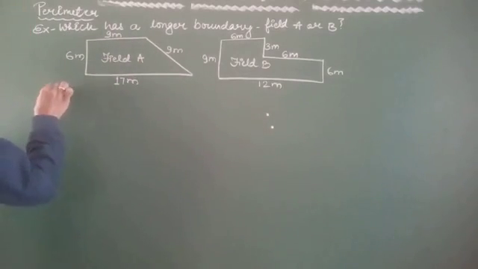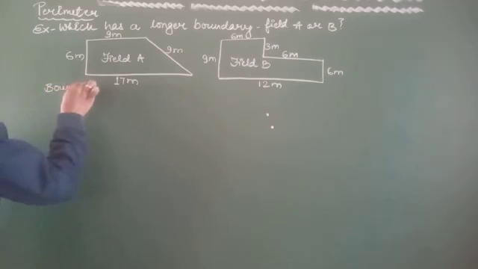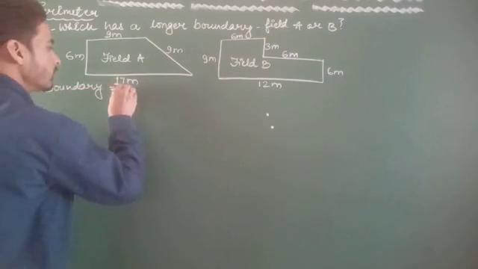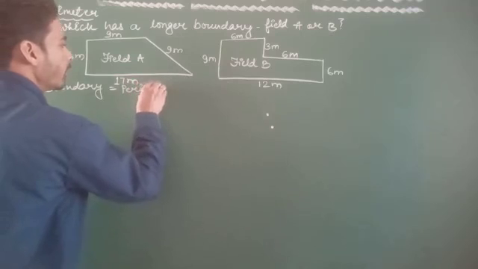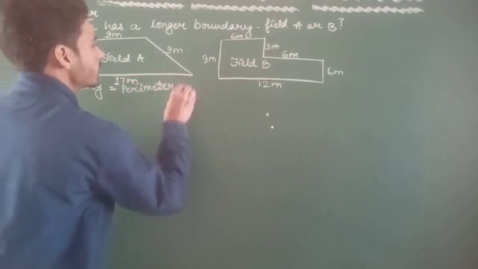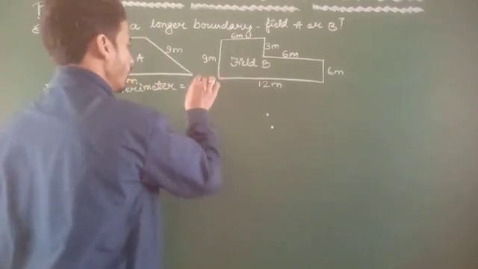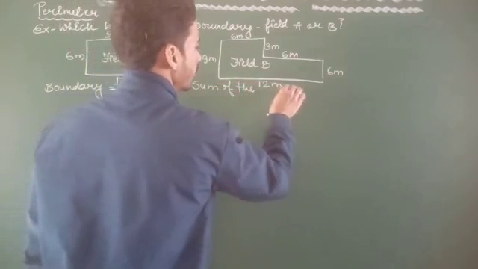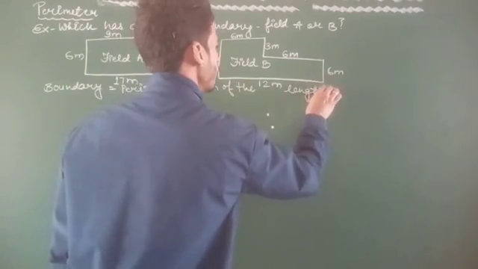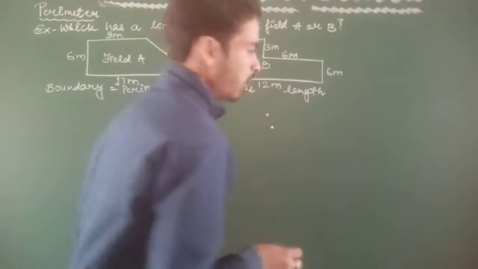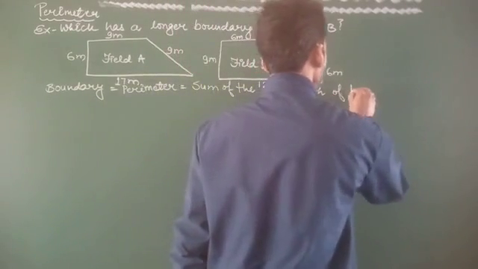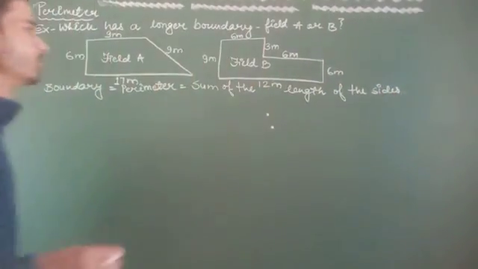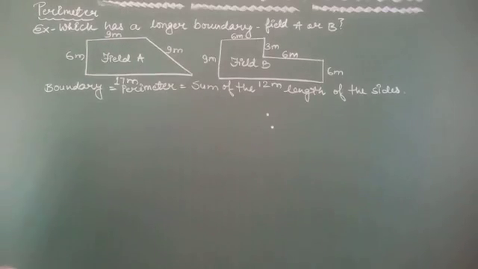So boundary is equal to perimeter, and perimeter means the sum of the length of the sides.